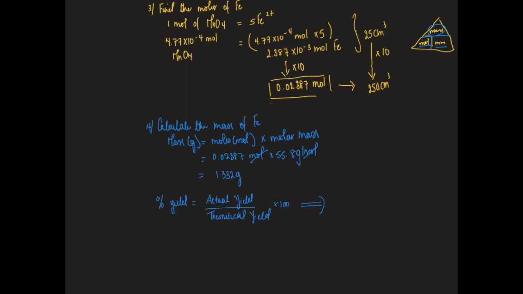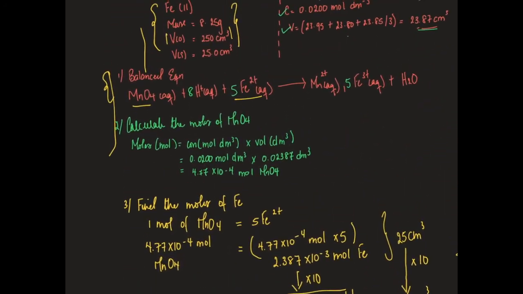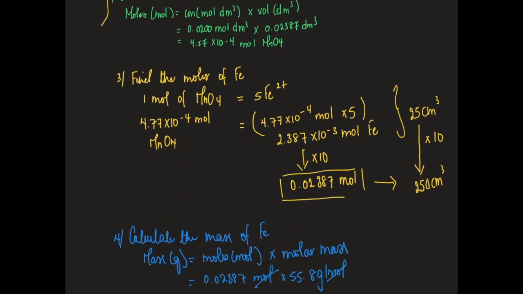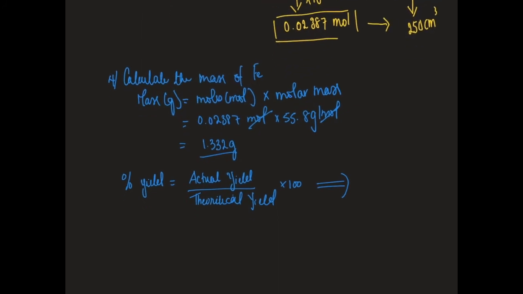So we know that we have the actual yield here, but where do we find the theoretical yield? And that is easy. If you go back up here, you wrote down the theoretical yield, which was 8.25 grams.